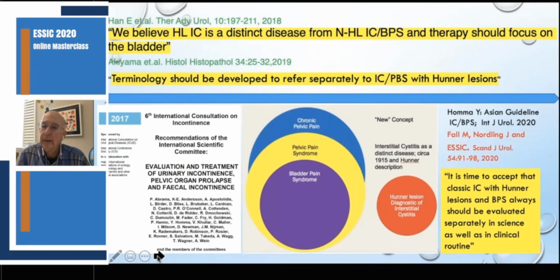ESSIC just wrote a paper published in the Scandinavian Journal of Urology this year, stating that it is time to accept that classic IC with Hunter lesions and bladder pain syndrome always should be evaluated separately in science as well as in clinical routine. And the new Japanese guidelines that came out this year also refer to Hunter lesion as a separate disorder, separate disease.